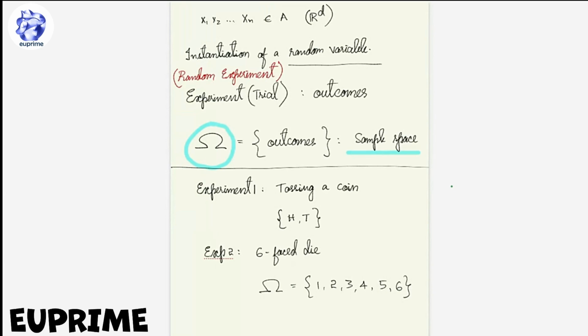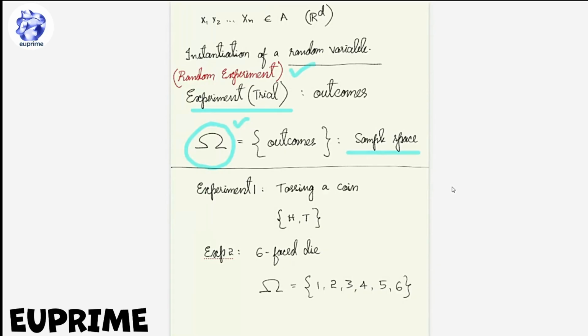For example, underlying all this is a random experiment or a random trial. So you have an experiment, which is the event, and that experiment has outcomes. The trial has outcomes. And the sum total, this exhaustive set of all those outcomes, is the capital Omega here, which is the set of all outcomes.